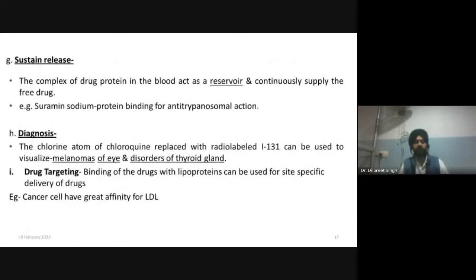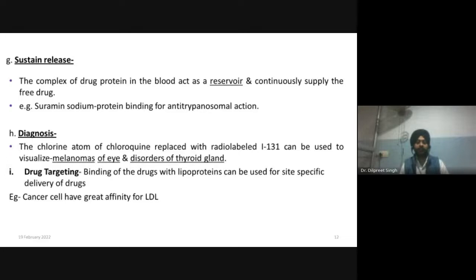sustained release. So the complexity of protein binding also acts as a reservoir, because the bound drug is slowly being detached and available for circulation. So this is a factor of choice when we deliver a drug in a sustained release fashion, or when we convert a drug to a sustained release product. The complexity of a drug in the blood plays a major role to sustain the release for a longer period of time.